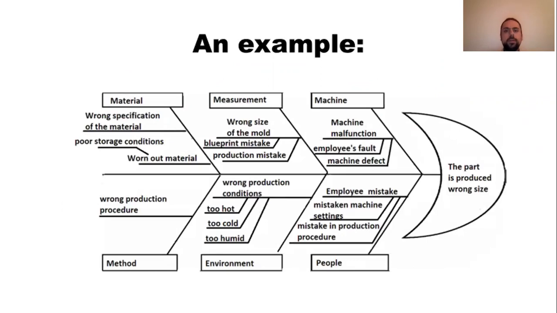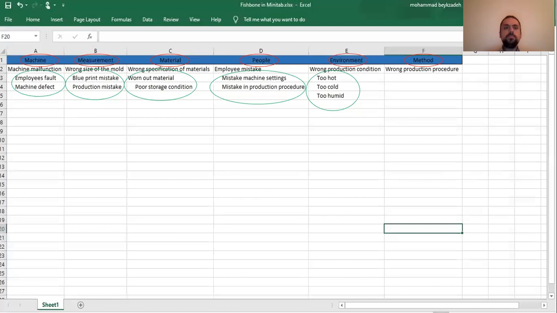So if you remember, I talked about an example at the end of the fishbone diagram topic. Now I want to redraw it in Minitab. Firstly, we write the categories: machine, measurement, material, people, environment, and method, with their reasons and causes.